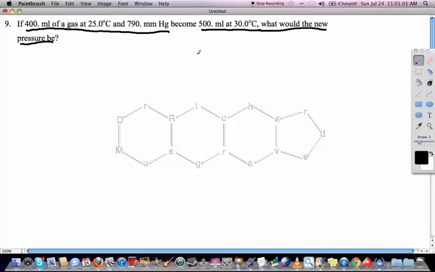There's also no mention of grams or moles, so we know it's not a PV equals nRT type problem. So let's go ahead and use our P1 V1 over T1 equals P2 V2 over T2. And I'll set this out as I did before.